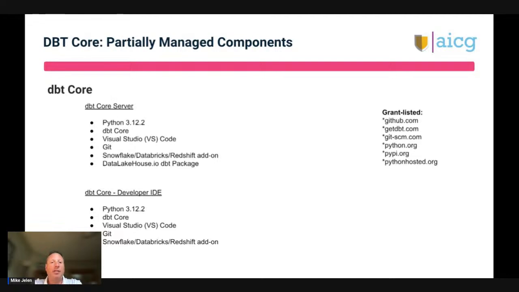We have a starting point for that grant list, but depending upon whether you use Snowflake, Databricks, Redshift, etc., as your data target, you'll need to make sure that those are grant listed, along with, depending upon your Git provider, Azure, Bitbucket, etc.